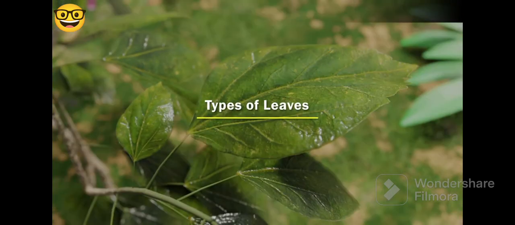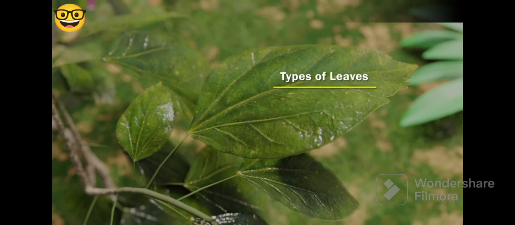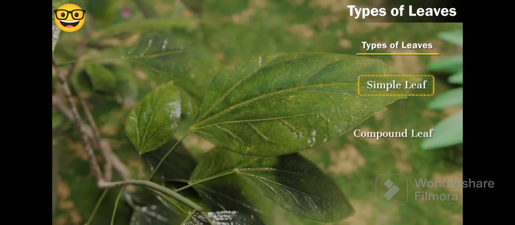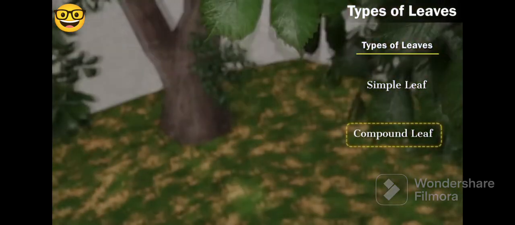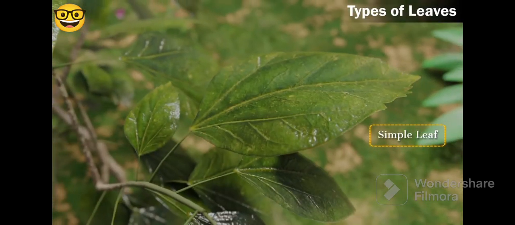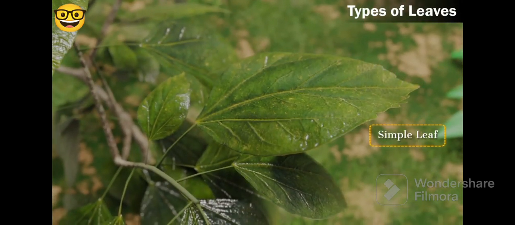Types of leaves. Leaves are of 2 types. 1. Simple leaf. 2. Compound leaf. A leaf is said to be simple when its lamina is entire or when incised, and the incisions do not touch the midrib.